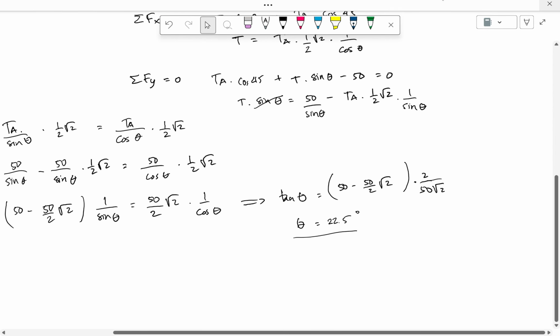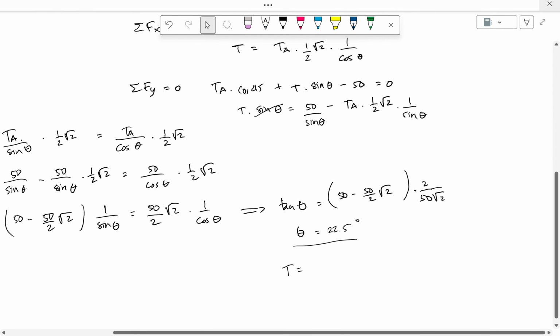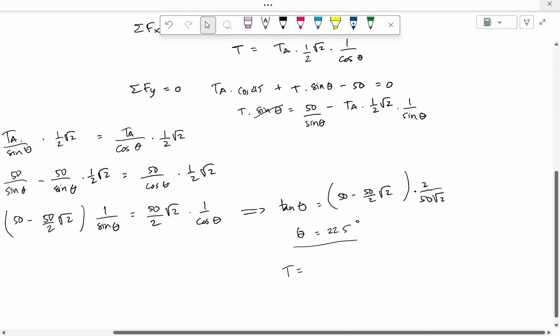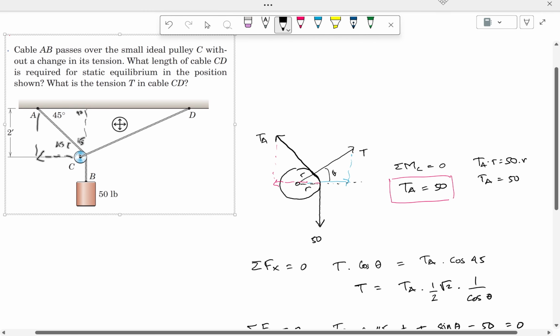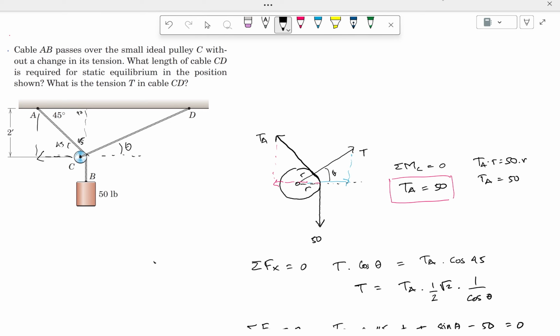Your tension T will be equal to 50 square root of 2 over cos theta. You can calculate by yourself. And then the length L. What is the length of the cable? So here if we draw, this is theta, 22.5. And we know that this is 2 inch.